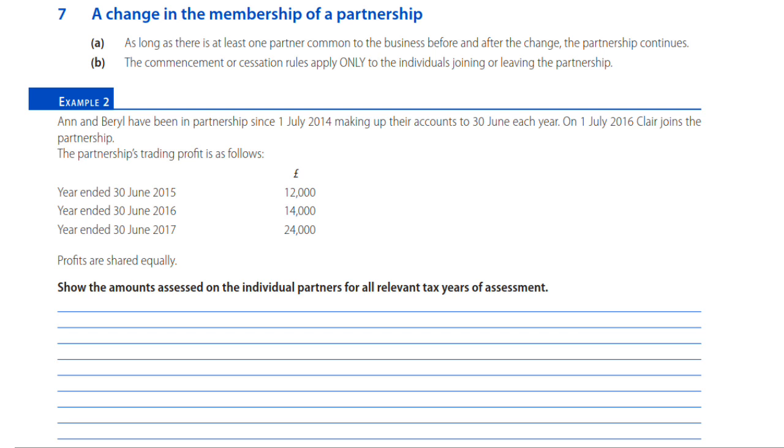Once you had determined the date of cessation, here the date when the partner leaves the partnership, either, again, using a retirement situation, as we'll see in a moment's time, what date is that? What is the tax year? That is the final tax year. Once you know the final tax year, go back to the penultimate tax year and assess it using CYB.